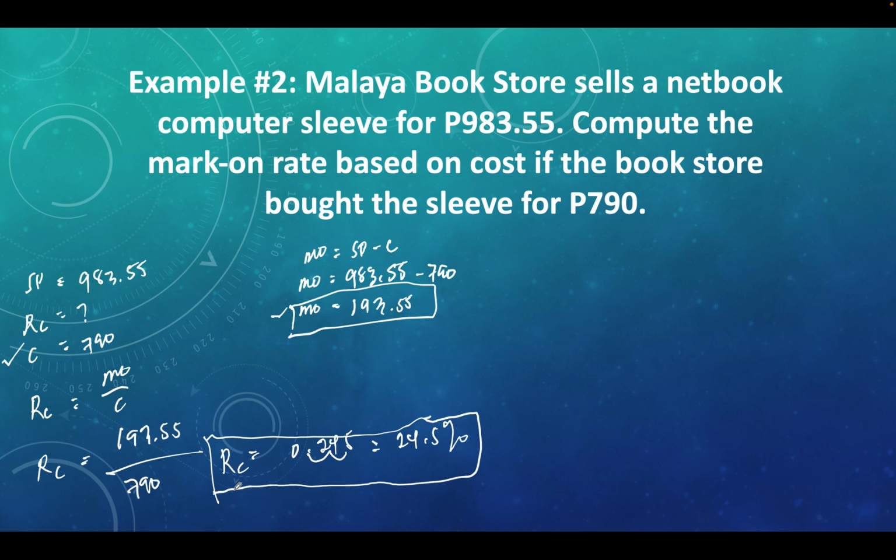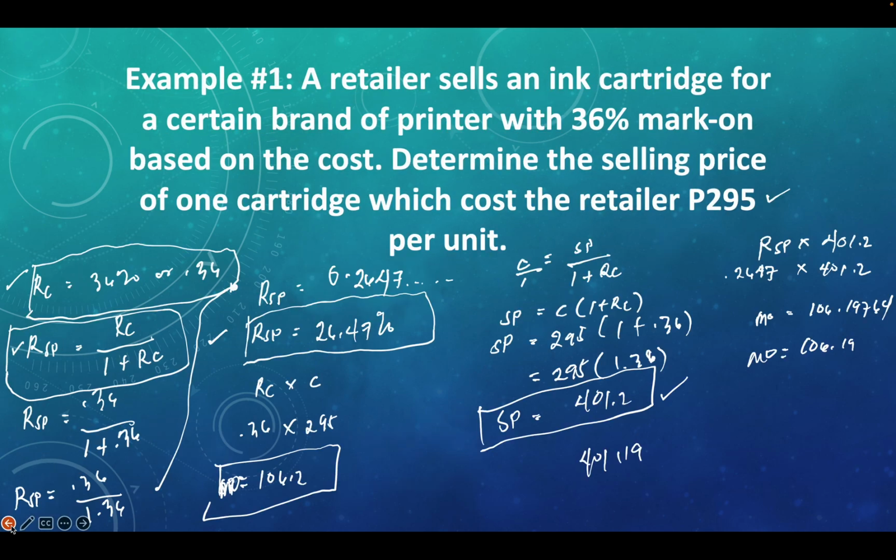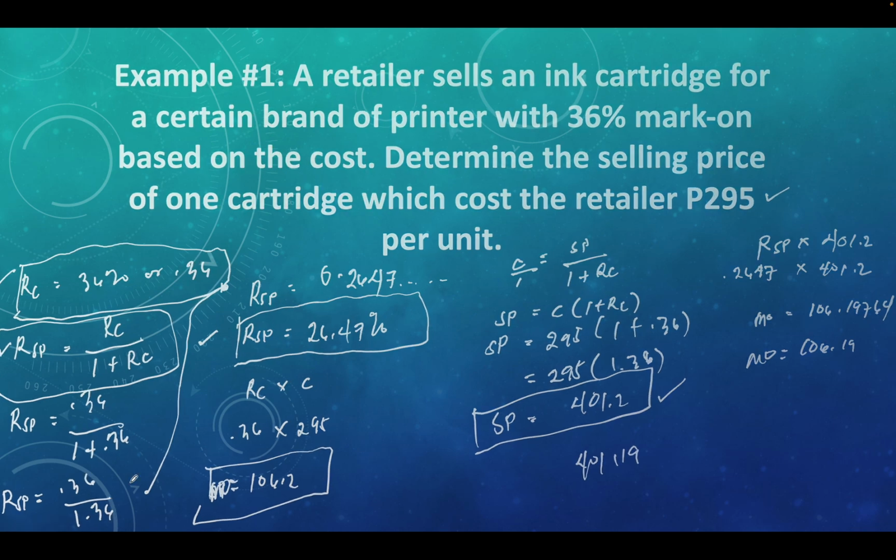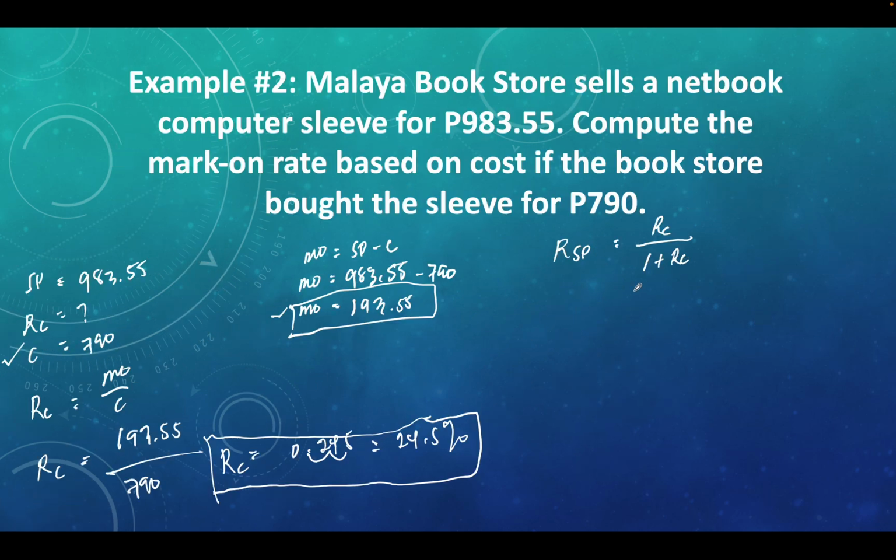So, kunin lang natin yung rate based on selling price natin using our rate based on cost na given. So, rate based on the selling price is equals to the rate based on cost all over 1 plus rate based on cost. Check lang natin kung tama. RC over 1 plus RC. Okay, so correct siya.